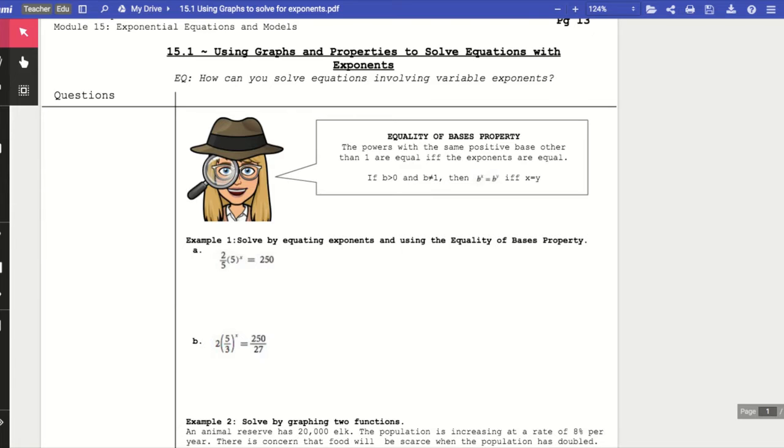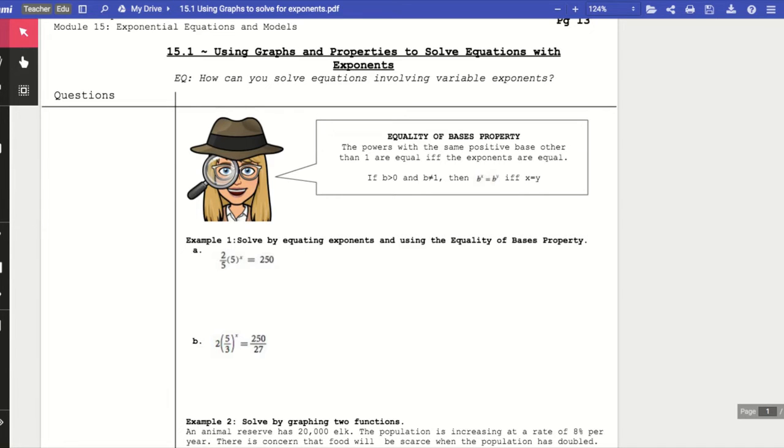On this one, I have 2/5 times 5 to the x power is equal to 250. First I want to get it so I only have the base, so I can really work with it.